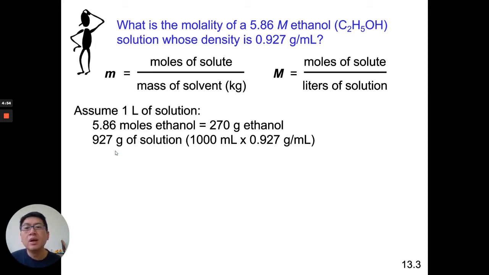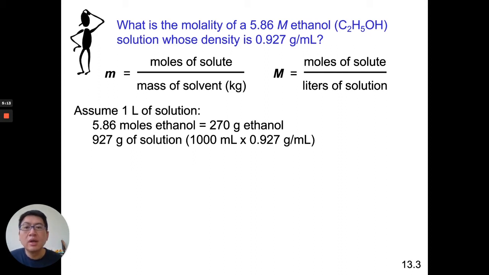Why do I need to know this? This solution is a mixture of solute and solvent. A solution is like salt dissolved in water. The salt is my solute, the water is my solvent. What I have is ethanol, alcohol, mixed in water.